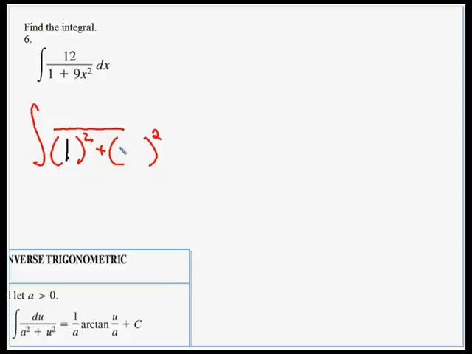Well, the square root of 9 is 3. The square root of x squared is x. 3x quantity squared is the same as 9x squared. So it looks like we're going to have an a equal to 1 and a u equal to 3x. So what would our du be? Our du would be 3 dx.